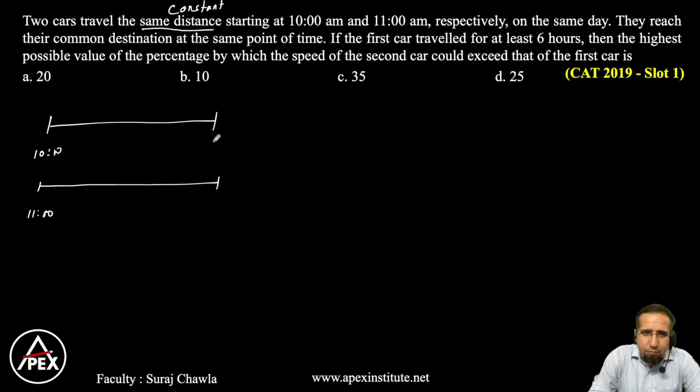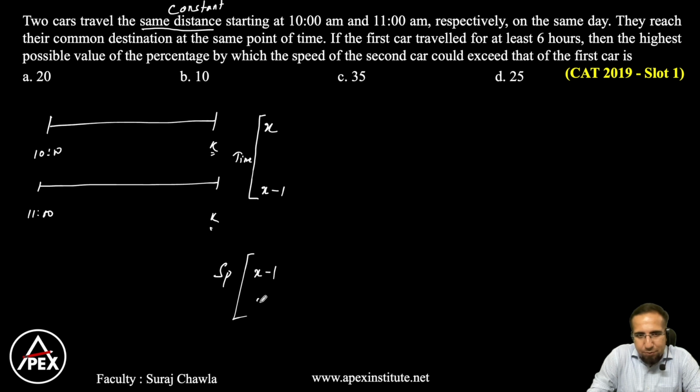If the time taken by the first is x hours, the other will take x minus 1 hours to cover the same distance. Clear? Now, when distance is constant, ratio of time taken is inversely proportional to the ratio of their speeds. If time taken is x and x minus 1, then speed will be inversely proportional.